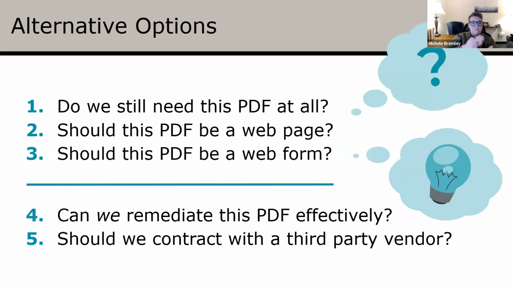The biggest movement for the needle on digital accessibility maturity in any given organization is making training available, ideally required, for anyone who's generating digital content that is going to be disseminated and shared on behalf of the university.